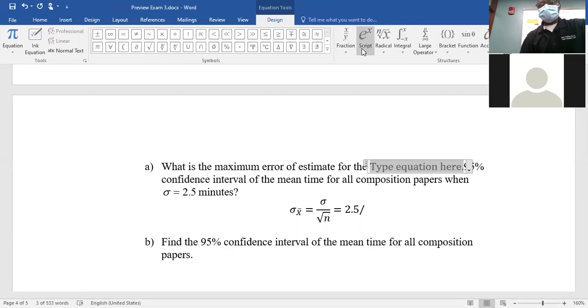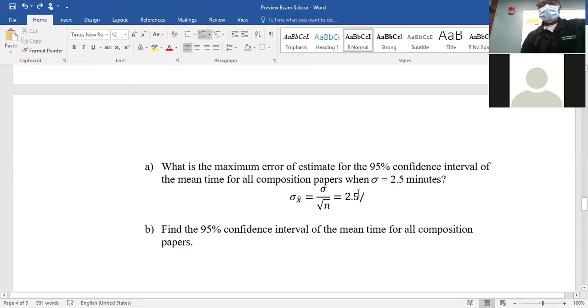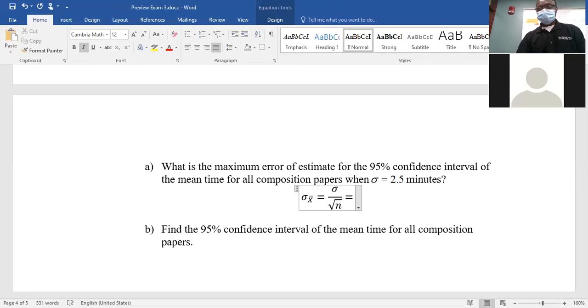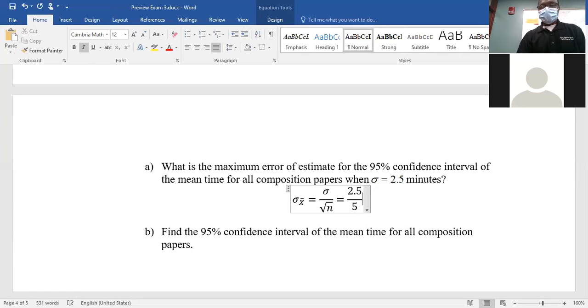So here it is divided by square root of 40.